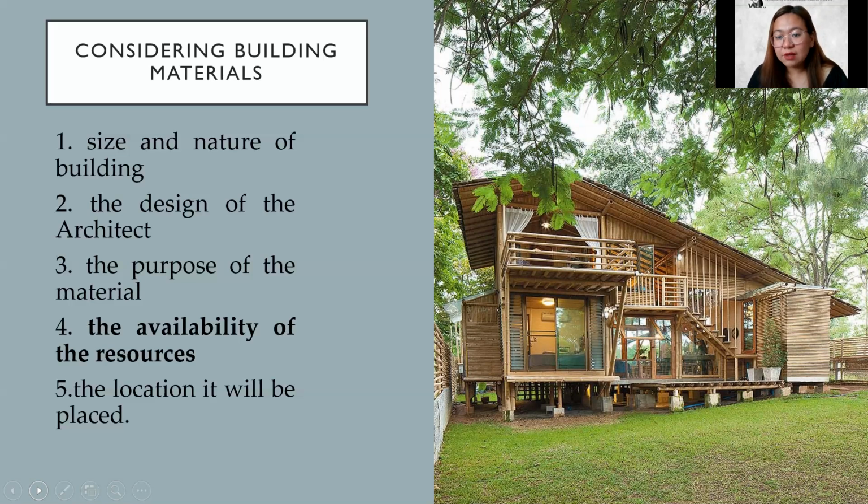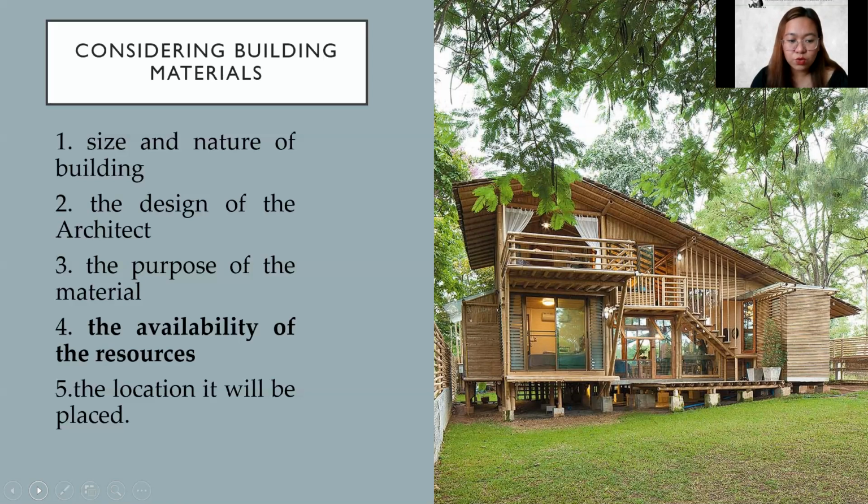Nandyan lang, madaling manguha ng bamboo. So, madali nating ilagay or i-build. Madaling makuha, madali yung resources. Hindi mo na kailangan mag-export or mag-import ng mga materials galing sa ibang bansa just to use it for your building. Kasi andyan lang siya. And aside from that, it would be cost-effective for the building.